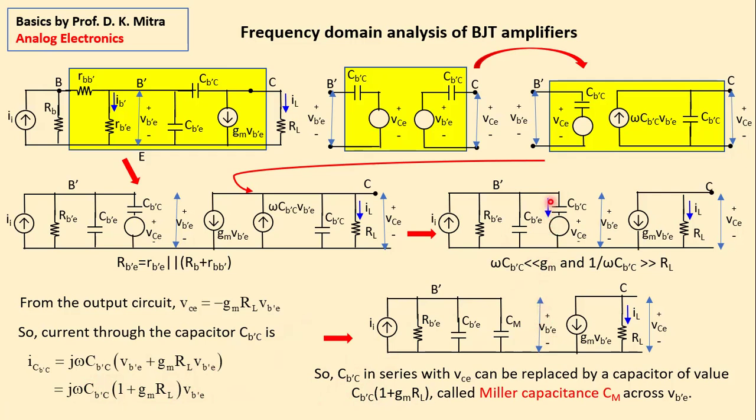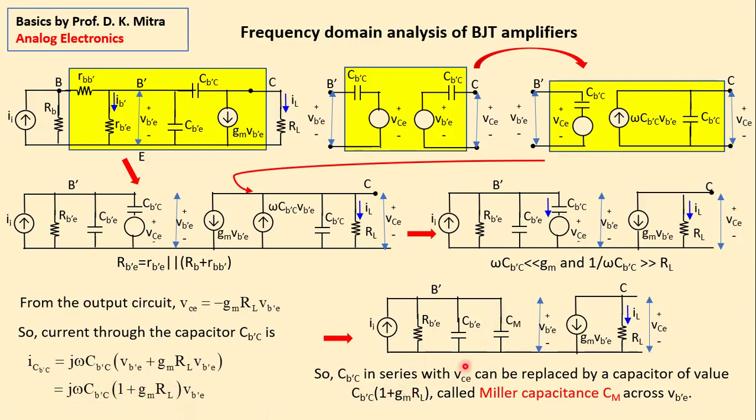I repeat once again, if this is the current and this is V, what appears is that there is a capacitance which has a new value, and the value is C_B'C within bracket 1 plus g_m R_L.